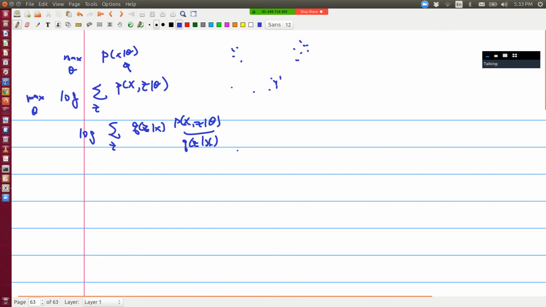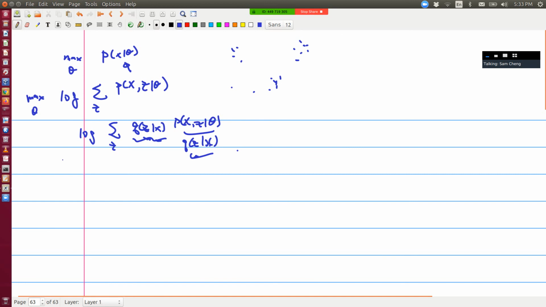So again, I add something dummy here. But if we get back to the mixture of Gaussian case, for each of the data points, I want to see the probability of membership for each of these. Once I do this, I can use Jensen's inequality.